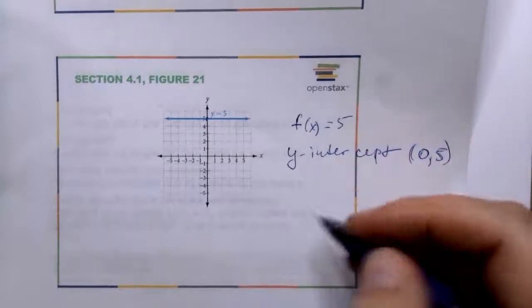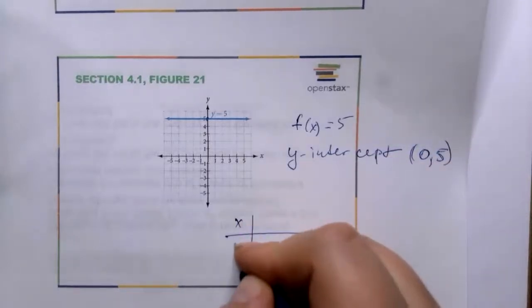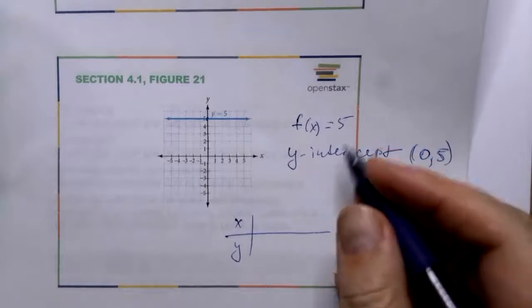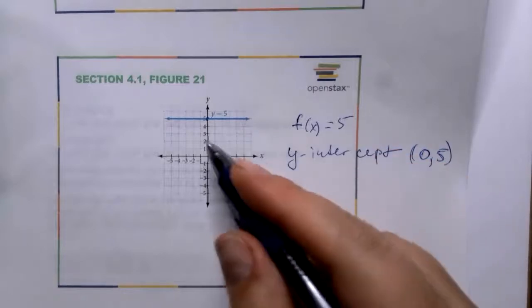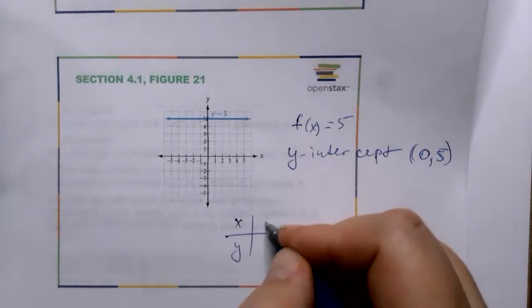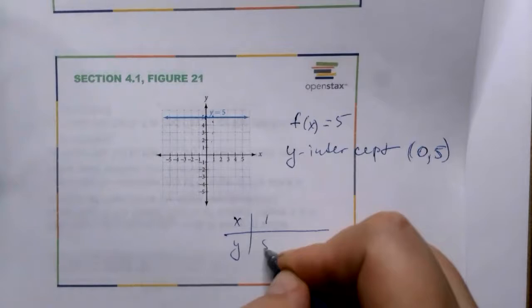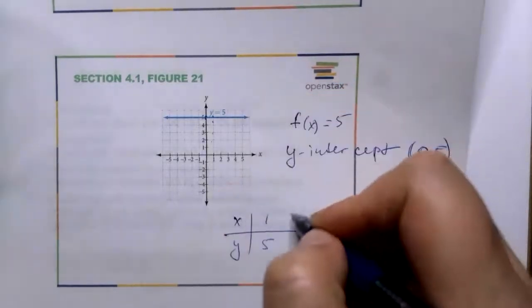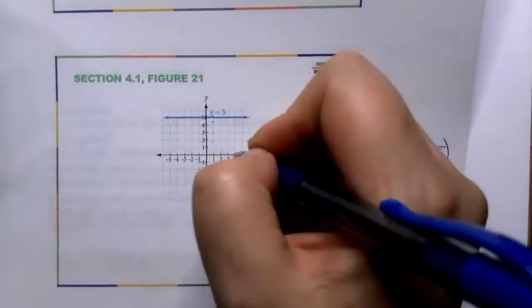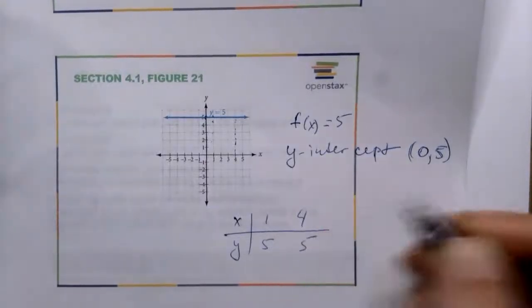But if you were to make a table of values for this function, your y value would be constant. No matter what x is, y is always the same. So if x is 1, then your y is 5. When x is 4, the y is 5.